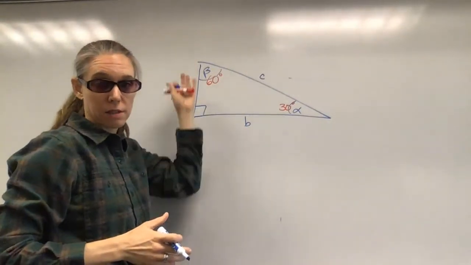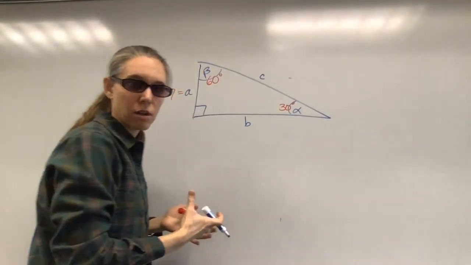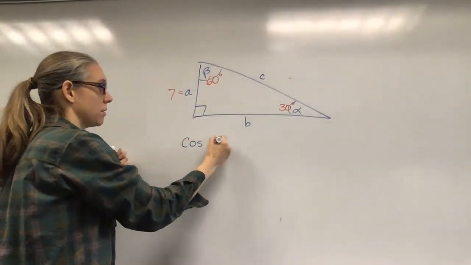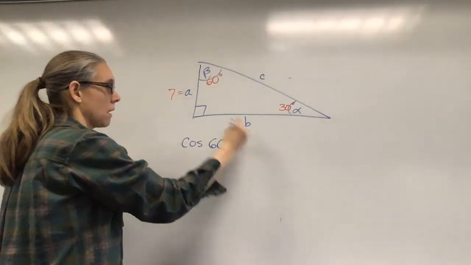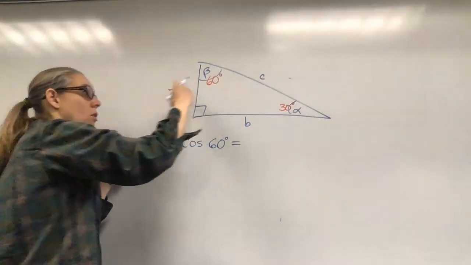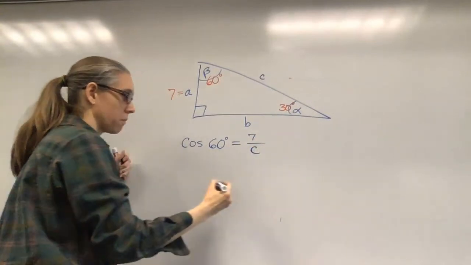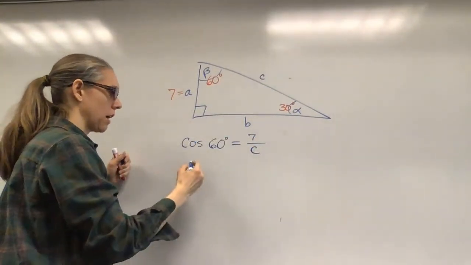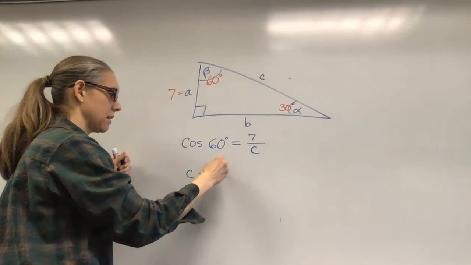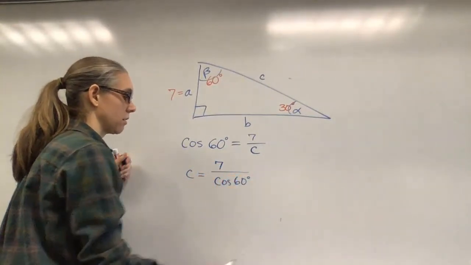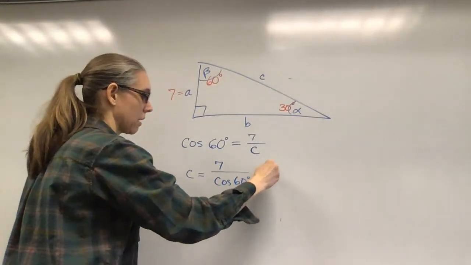In this case, because beta is given to us, I'm going to do everything in terms of beta. So the cosine of 60 degrees is adjacent over hypotenuse, 7 over C. So when you cross multiply, what you end up with is that C is equal to 7 over the cosine of 60 degrees. And you can type that in the calculator.